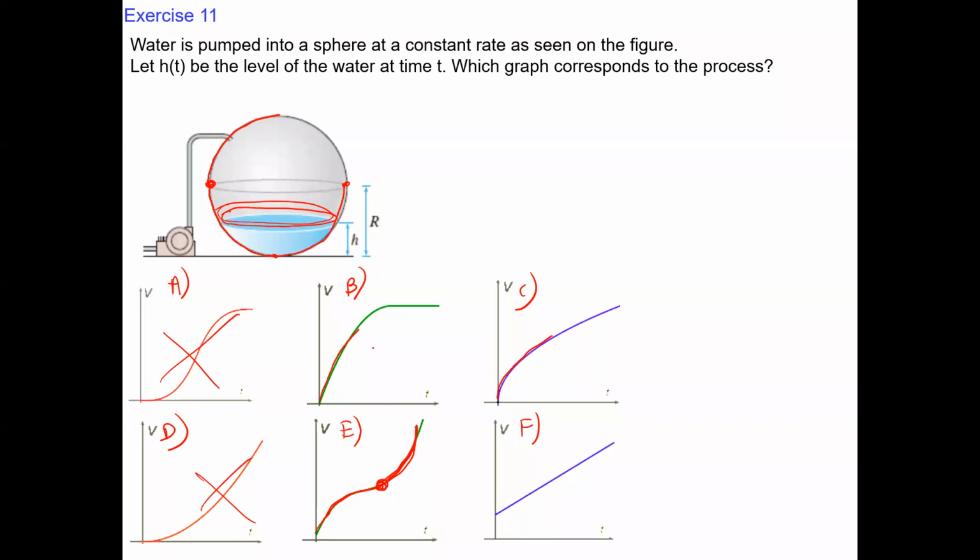Definitely not this one, because the concavity has to be symmetric, since it's a sphere. It will speed up at the same rate as it was slowing down, for the height. That means this is not good. This is not good.